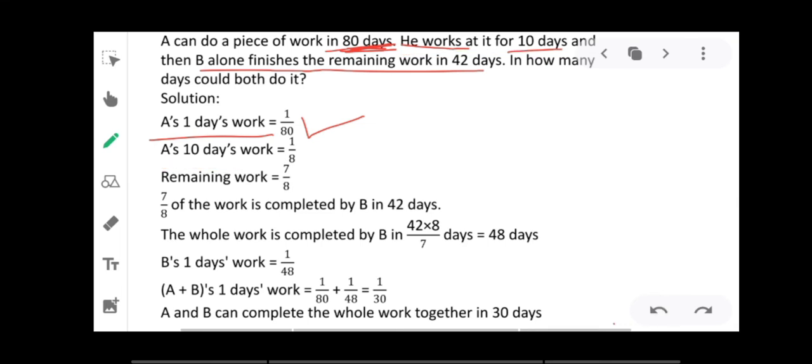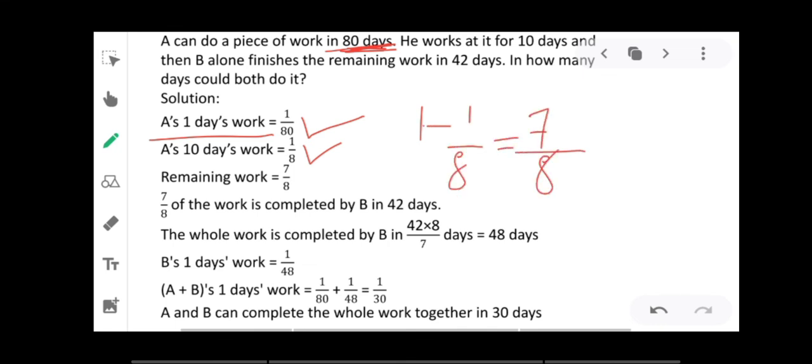Okay, so if A's 10 days work equals 1 upon 8, then remaining work will be, as I told you, total work will always be 1. So 1 minus 1 by 8 equals 8 minus 1, that is 7 by 8. This is the remaining work, and remaining work B alone can finish in 42 days.